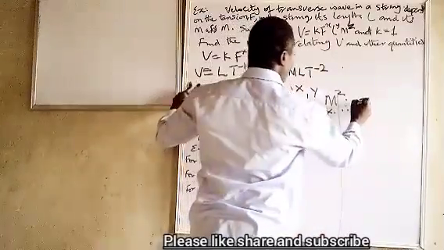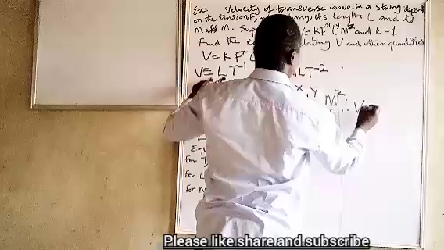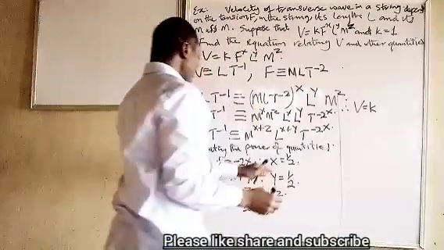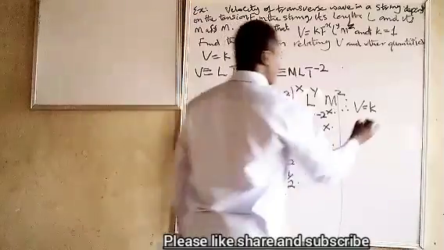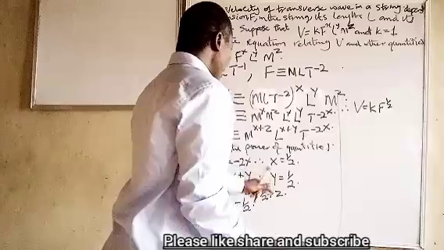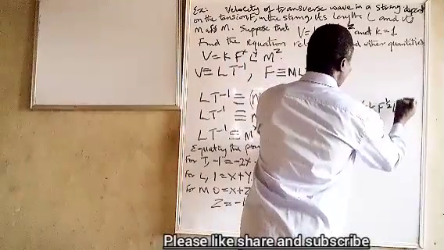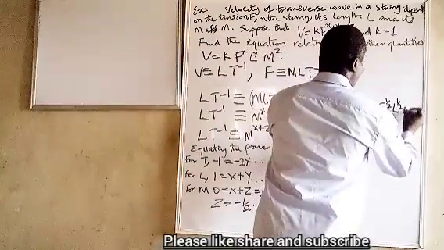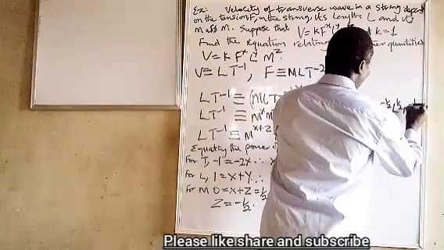Therefore, V is equal to K. What is our X? F raised to power half. What is our Y? L raised to power half. And what is our Z? M raised to power minus half.